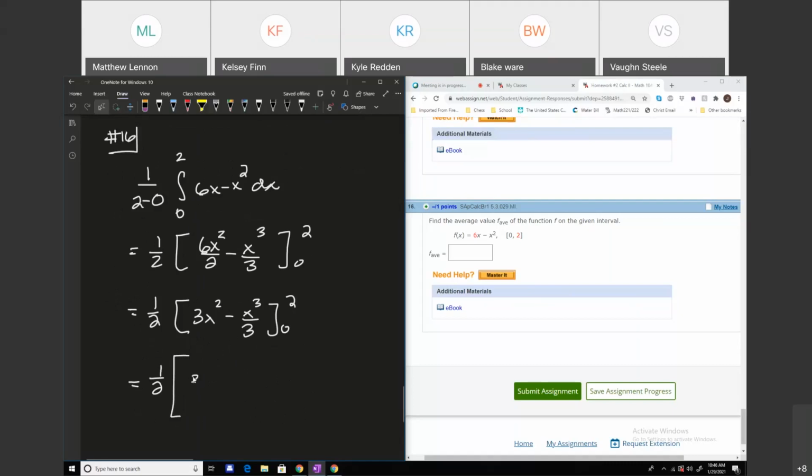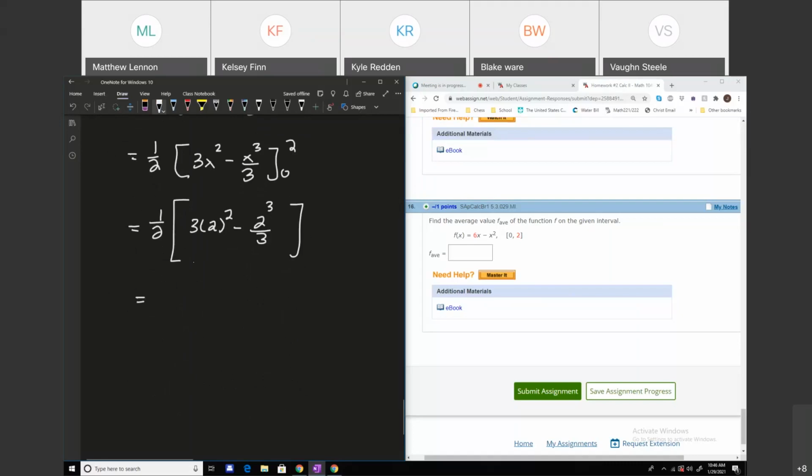So we've got 3 times 2 squared minus 2 cubed over 3, and then minus, when you plug in 0, everything goes away, right? So we don't have to really do anything there. So this one is 1/2 times 3 times 4, which is 12, minus 8 over 3. 12 is 36 over 3. So yeah, getting practice with our fractions today.